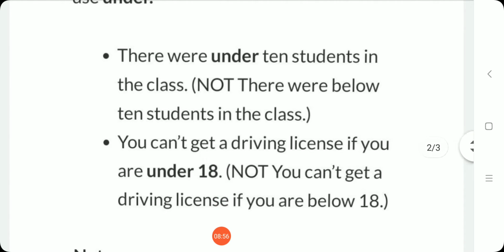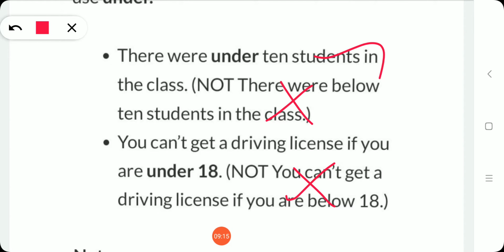So you can look at this example. There were below 10 students in the class. You can't get a driving license if you are below 18 அப்படிங்கிற சென்டென்ஸ்லாம் it is wrong usage. What is correct is, there were under 10 students in the class. You can't get a driving license if you are under 18. So we have to use under.